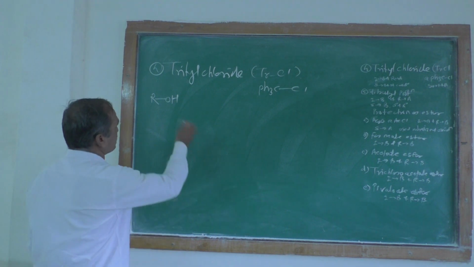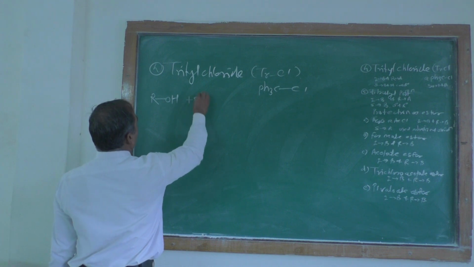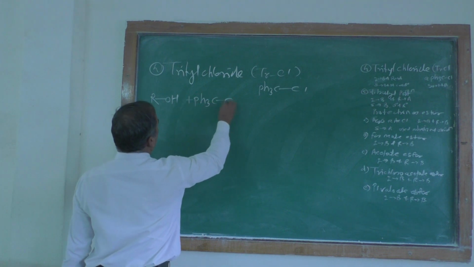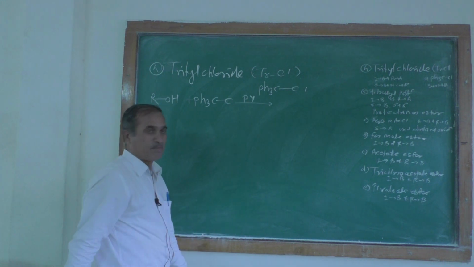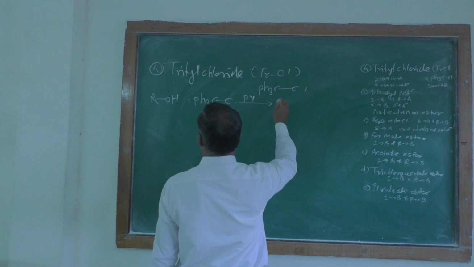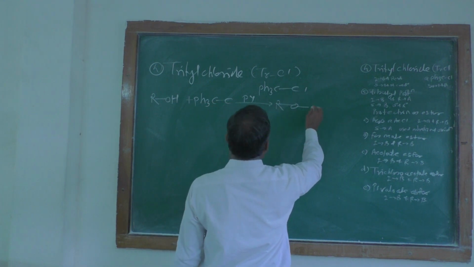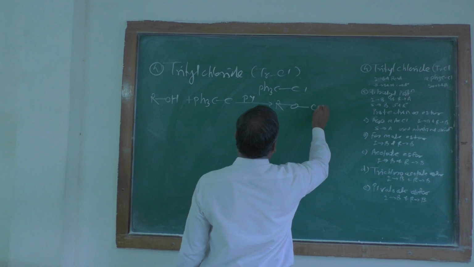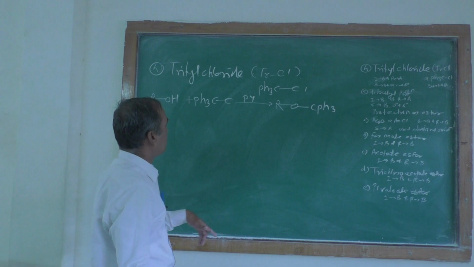So here the alcohol will be treated with Ph3CCl in presence of base. You can use pyridine as the base, and what do you get? The protected alcohol, RO-CPh3. That group gets protected there.